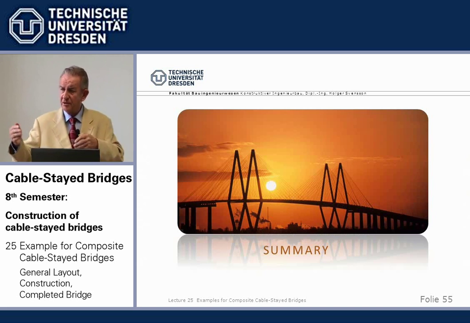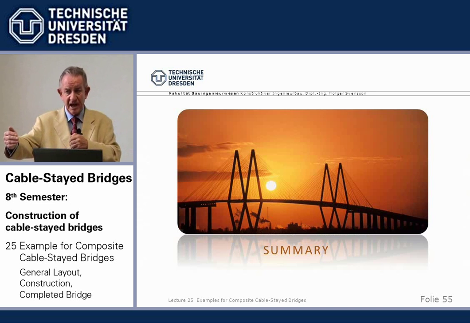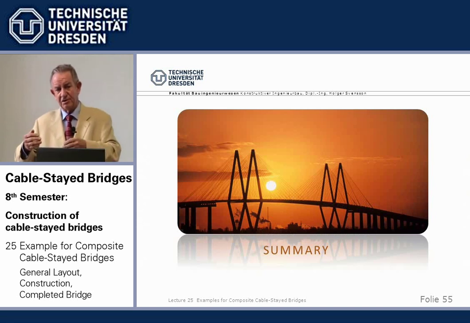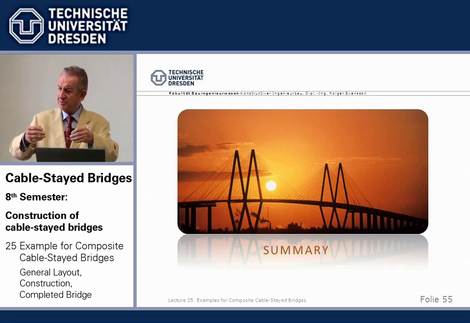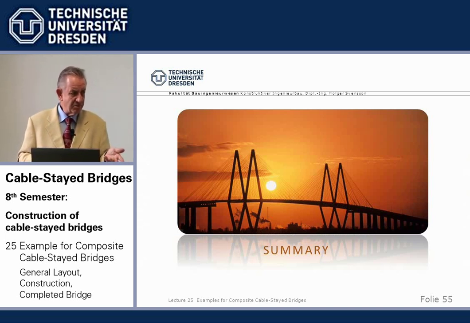Typically, we have the steel grid over the full width, say 20 meters of a bridge, and in a length equal to the cable distance, say 12 meters, so that we have one pair of stay cables for each new beam section.